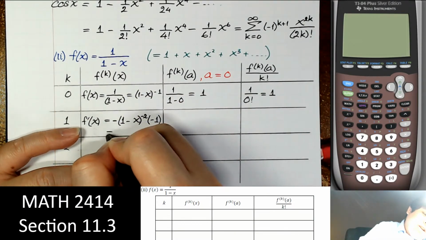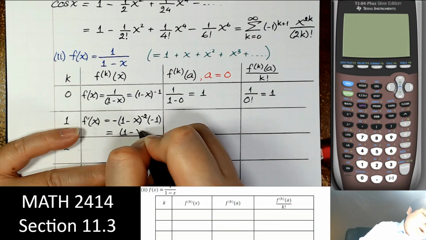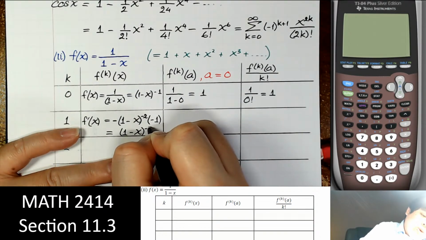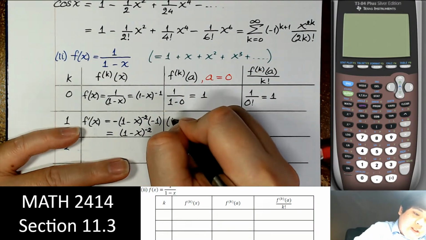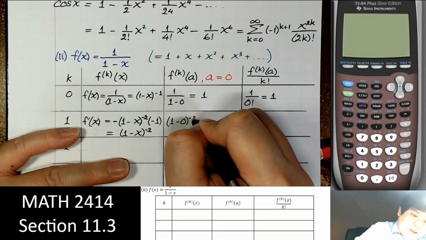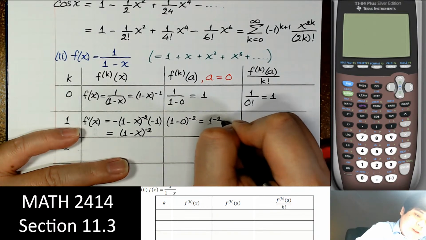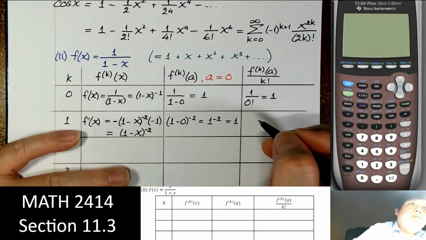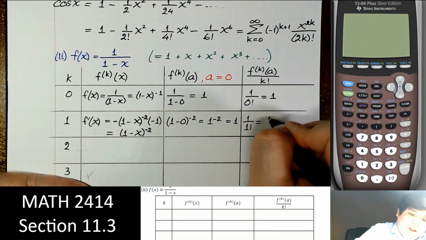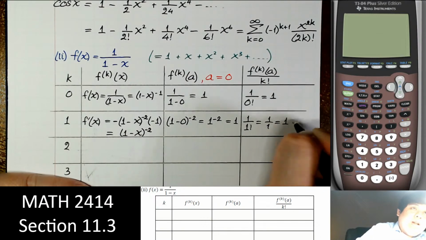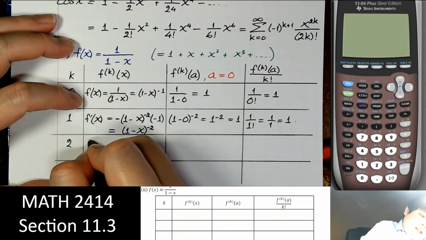Negative and negative, so it is 1 minus x to the negative 2. Right, and put 0 in for it. That is 1. 1 over 1 factorial equals 1.